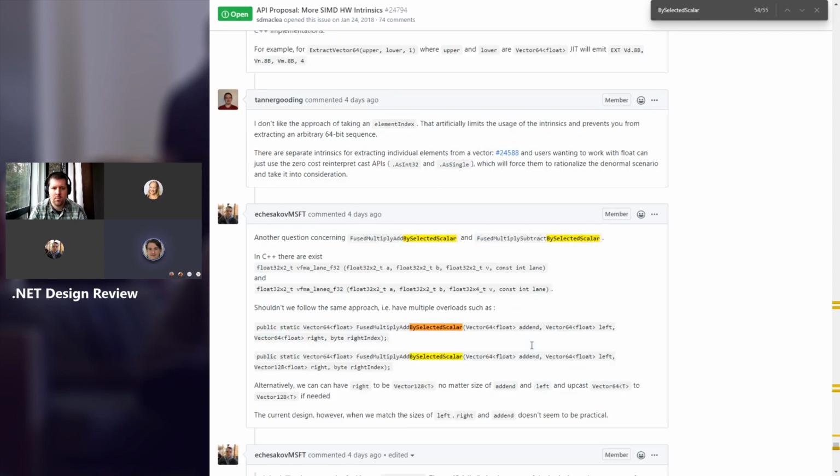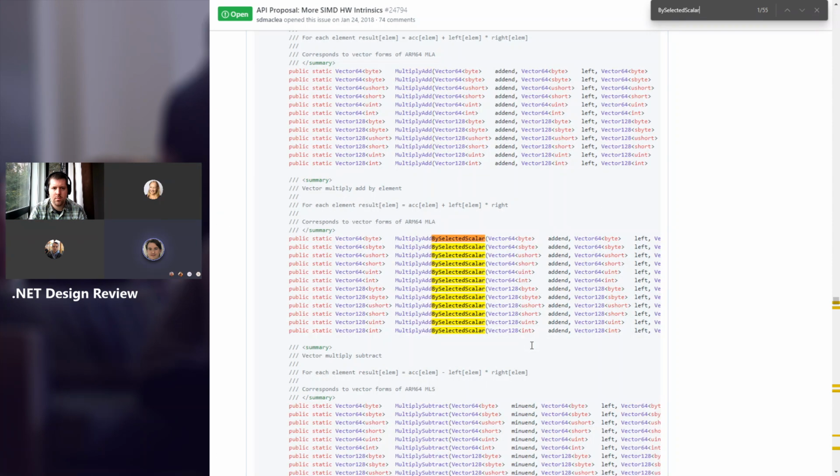I don't think we have that in here. Use multiply and by selected scalar. We can't find this anywhere on GitHub? I guess it's fine. We can just discuss multiply by selected scalar because they have similar API with fused versions.